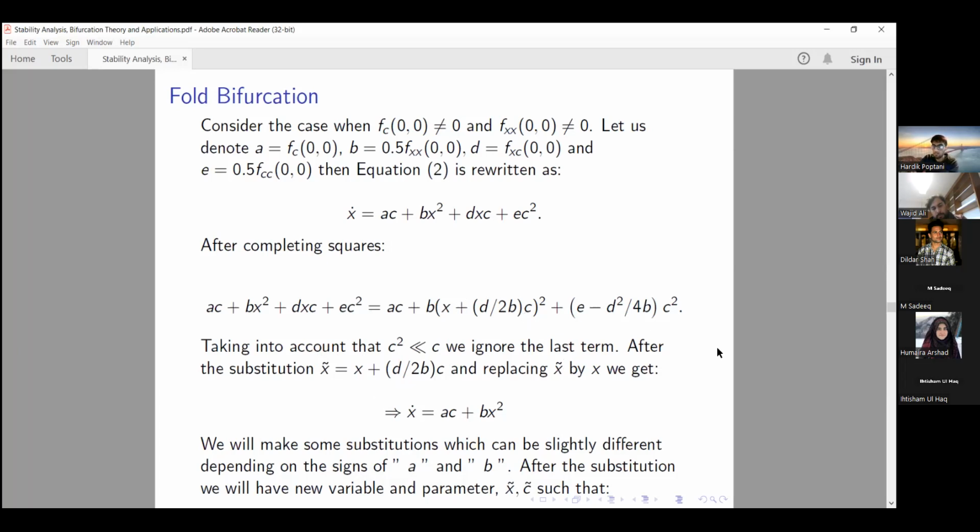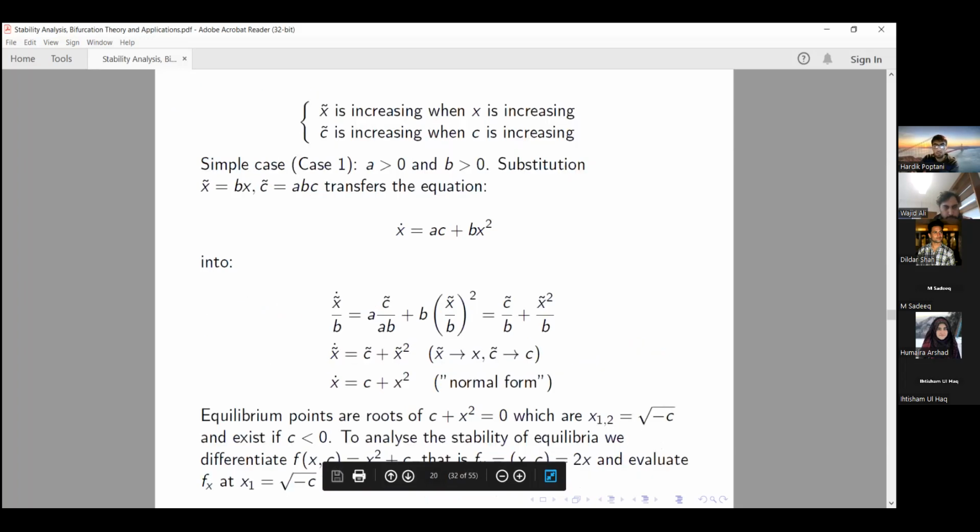So therefore, we will make substitutions which can be slightly different depending on A and B only. After the substitutions, we will have new parameters x tilde and c tilde, such that x tilde increases if x is increasing, and c tilde increases when c is increasing. We will look at a very simple case, just one of them.